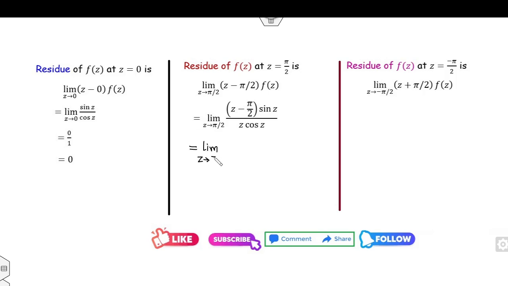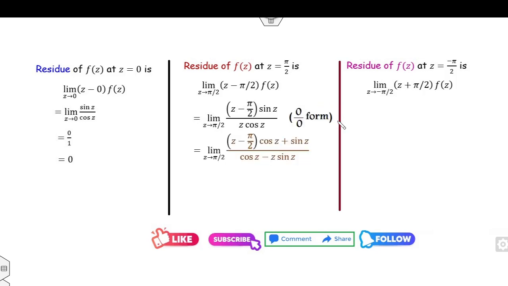I differentiate the numerator and the denominator. The denominator becomes 1 times cos z minus z times sin z, and the numerator becomes 1 times sin z plus (z - π/2) cos z. Why? Because this is a 0 by 0 form.